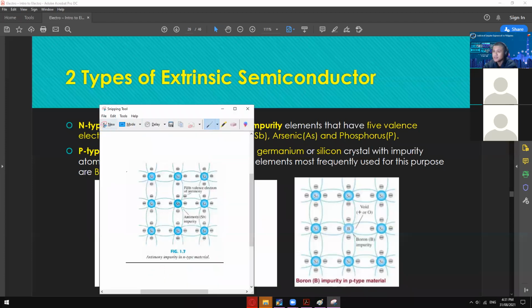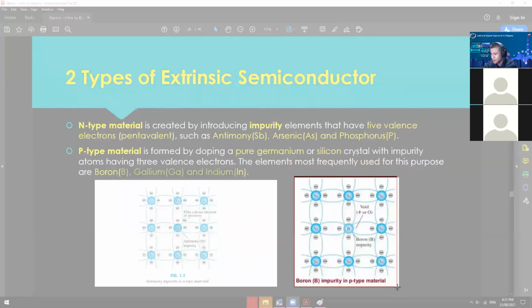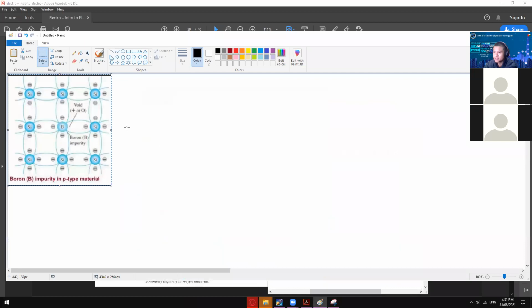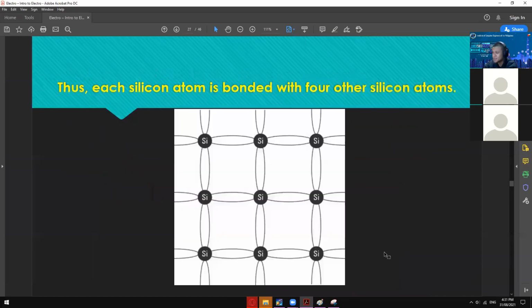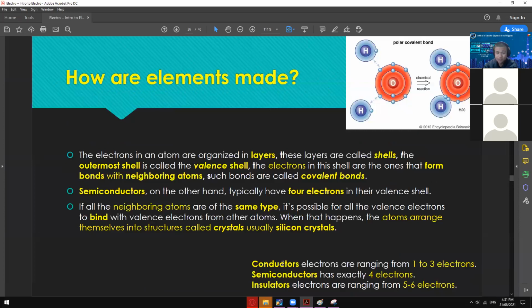And then the other one, which is the boron. Okay, so the same. This one is being surrounded by silicon, so 4 electrons, but the boron has only 3 electrons. So again, when we say 3 electrons, okay, it falls on the conductors.